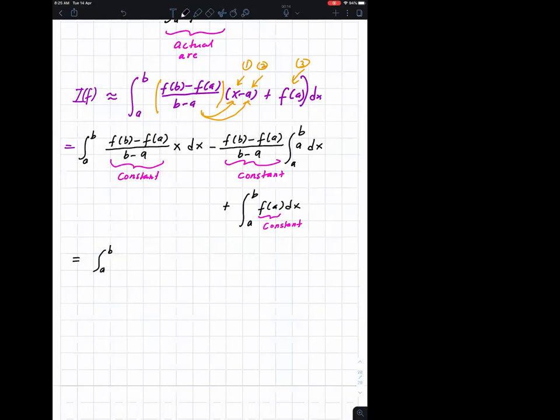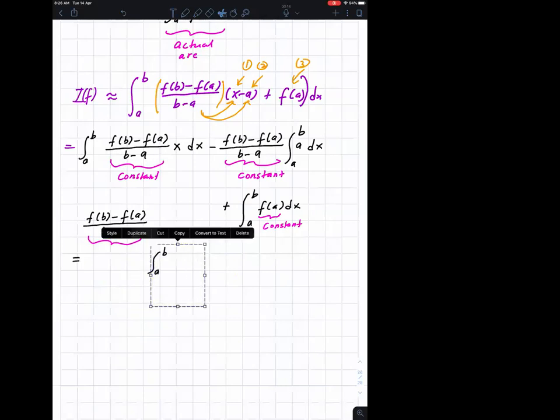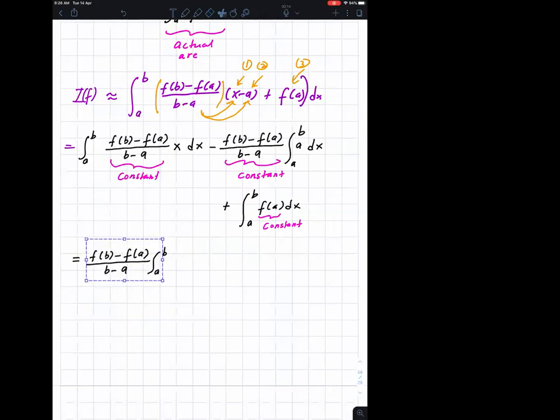Okay. If you want to save yourself some confusion, you just leave the constant outside the integral sign. Thank you very much, Jay, for pointing out that mistake, because without that, you'll end up getting a wrong answer. So you put it outside here, and then you put the constant inside.